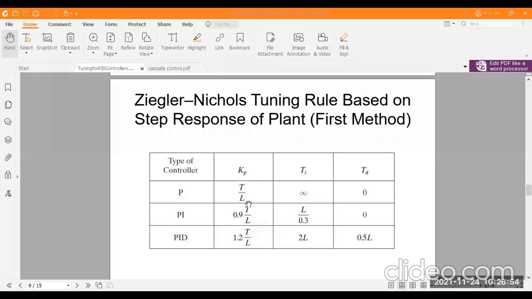So in the PI controller, the proportional constant term is 0.9 T by L, and the integral time is L by 0.3. No derivative controller value we have to observe here.